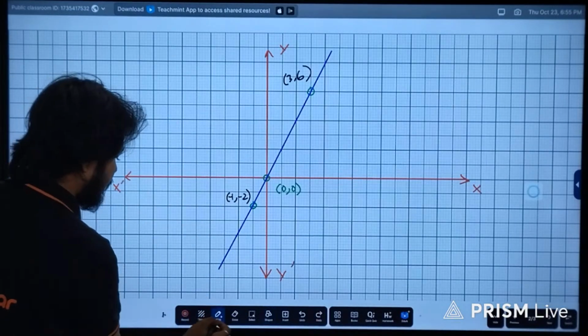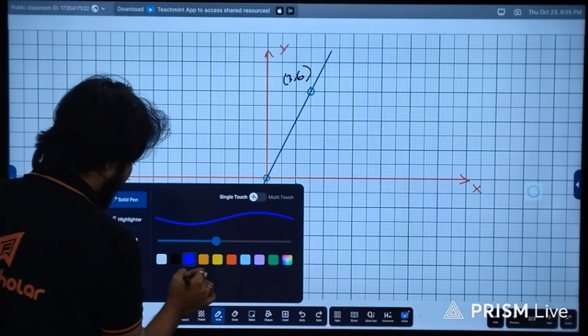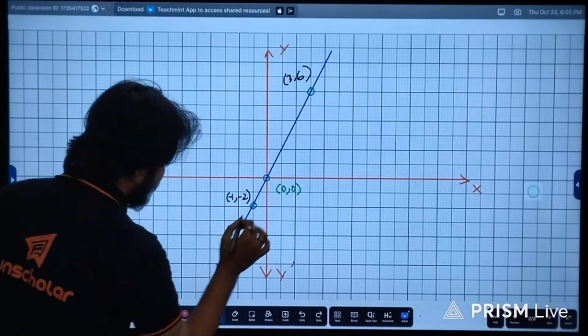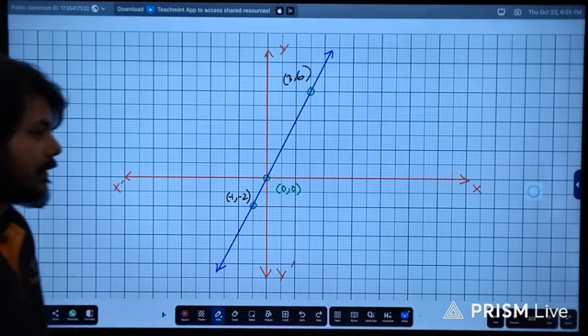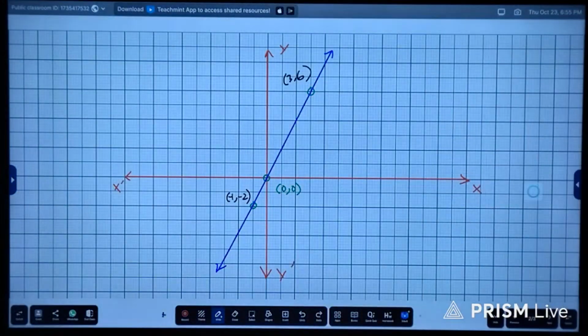Okay, just put arrows on both the sides. So it will look like this.